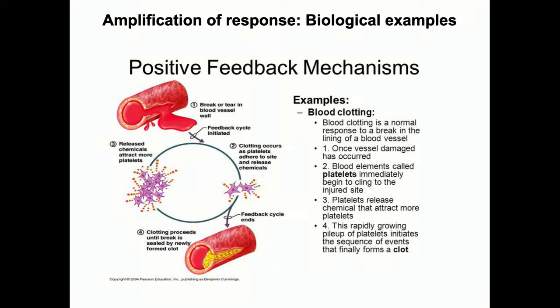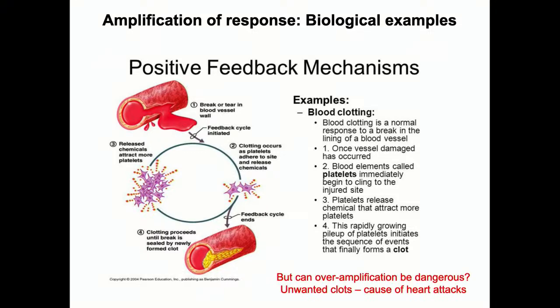Let's take one other example which was also mentioned in some form, blood clotting, right? When you have a wound in your skin, or a break in the blood vessel wall, that triggers a whole set of responses such that platelets come in there and try to make a clot, and those platelets are also secreting cytokines to get more platelets there, and that is eventually leading to the clot being formed.